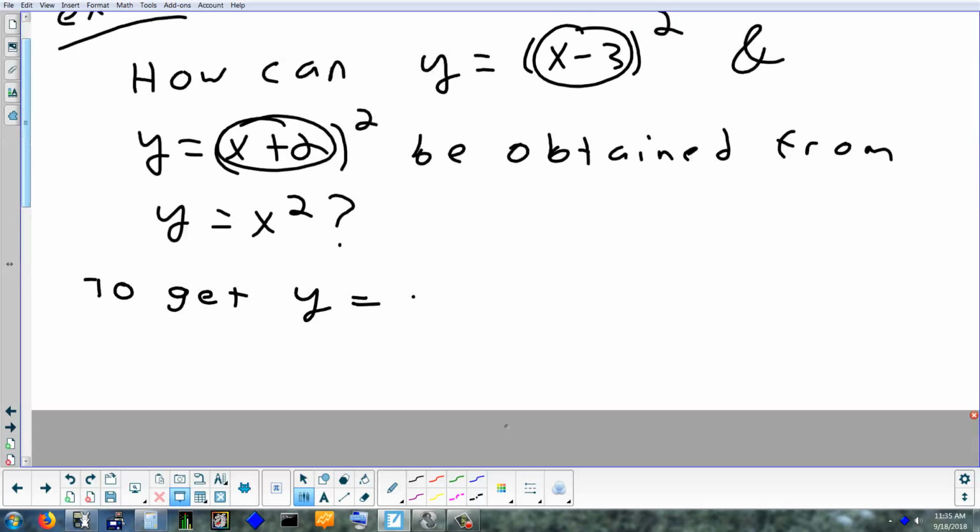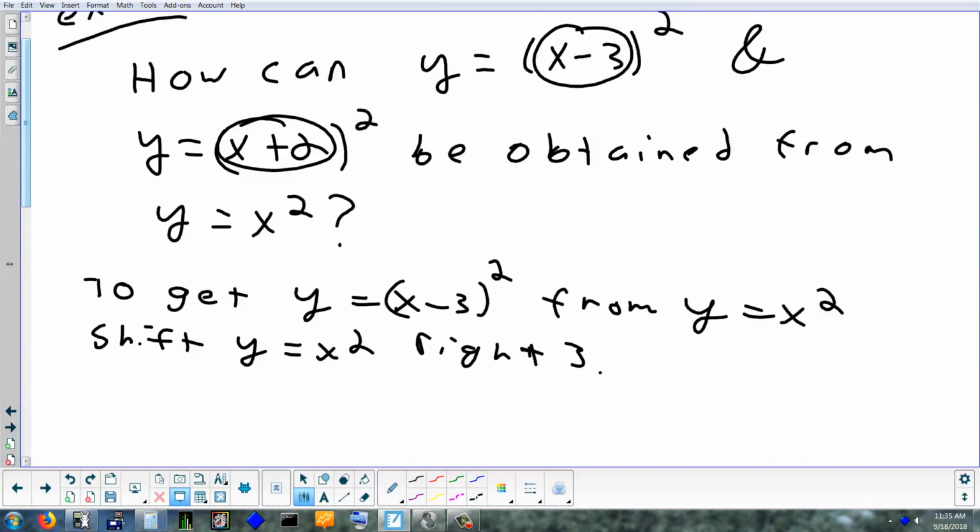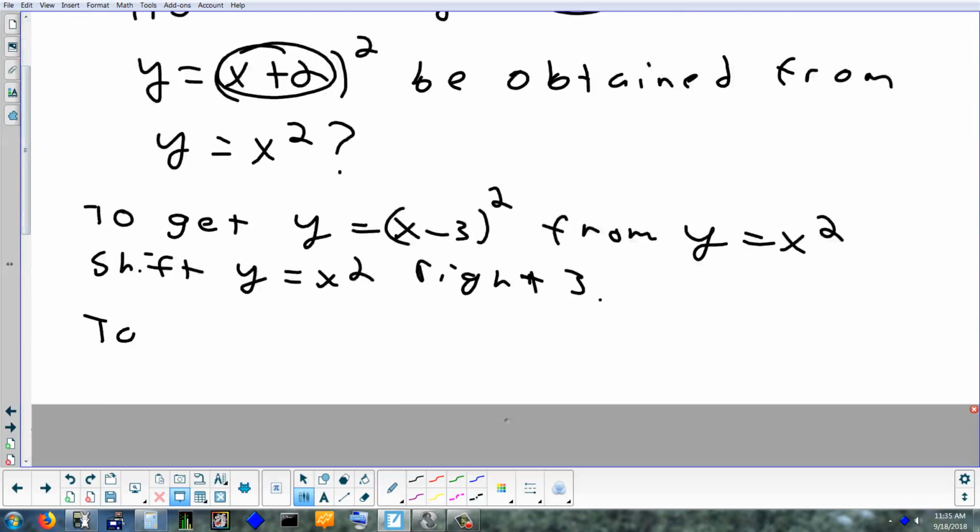So to get x minus 3 squared from y equals x squared, shift y equals x squared right 3. Okay, so that was the first one. And the second one, to get y equals x plus 2 squared.